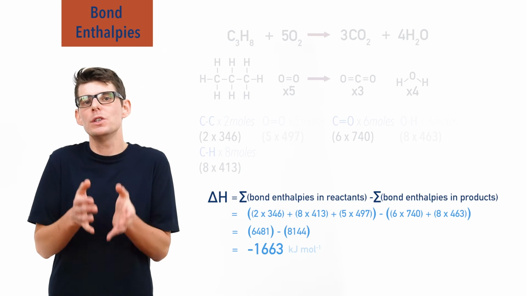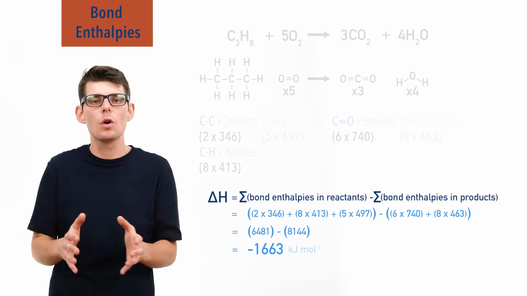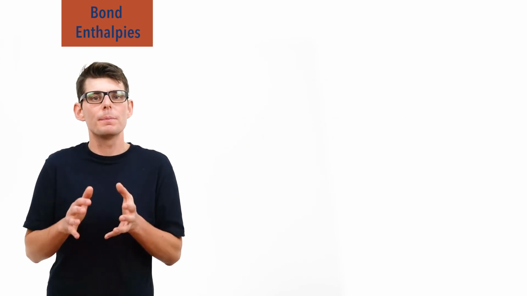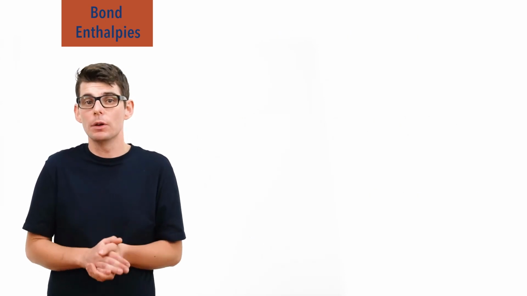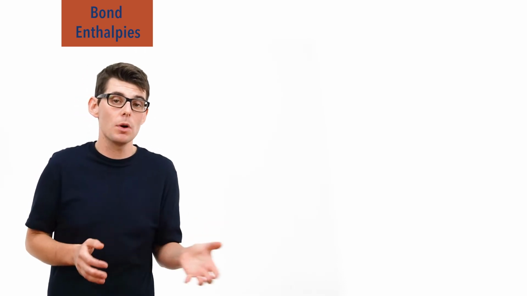Having said that we can use bond enthalpies to find enthalpy changes for a reaction, there is one major problem. The bond energy for any particular bond is based on the energies and arrangements of the atoms involved in the bond.